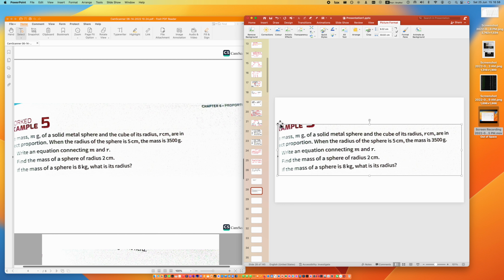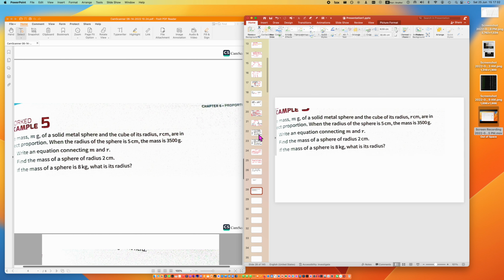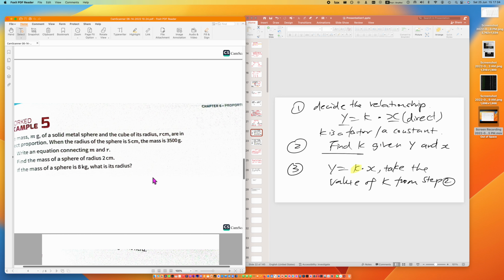Can you see question 5? Can you read question 5 to me? Mass M, Mg. M is mass, G is the unit.